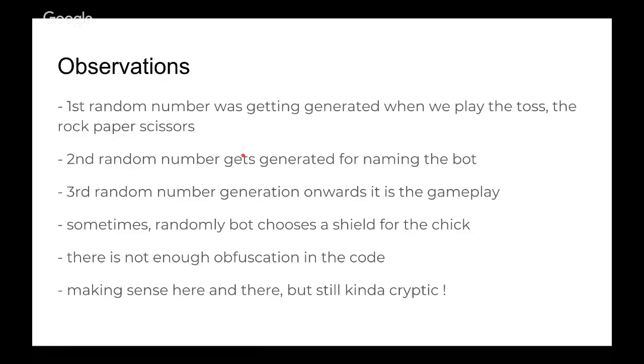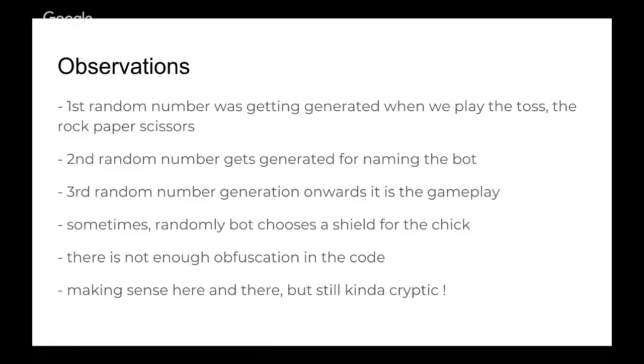We have to win. We have to win the toss, and I just explained why. So we found that as another important observation. We also tried to hook into the random number function call itself and look at all the random numbers that were getting generated.